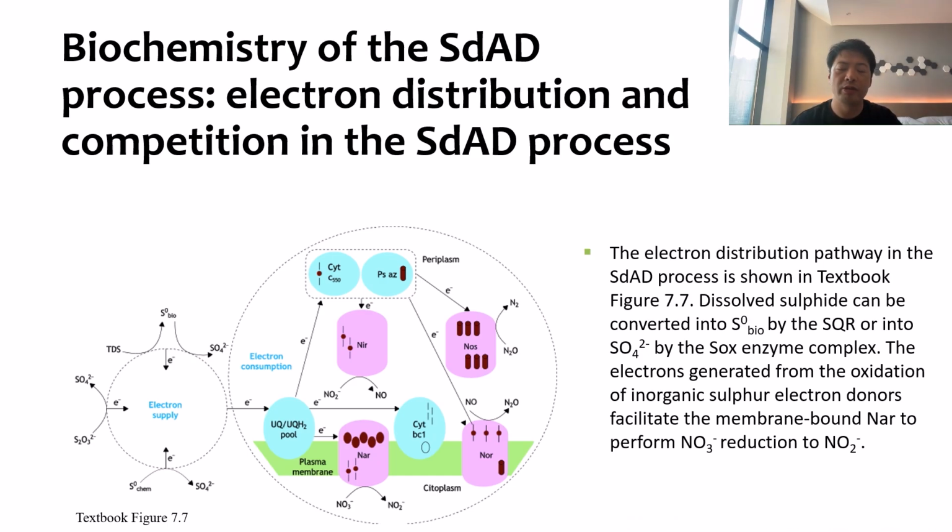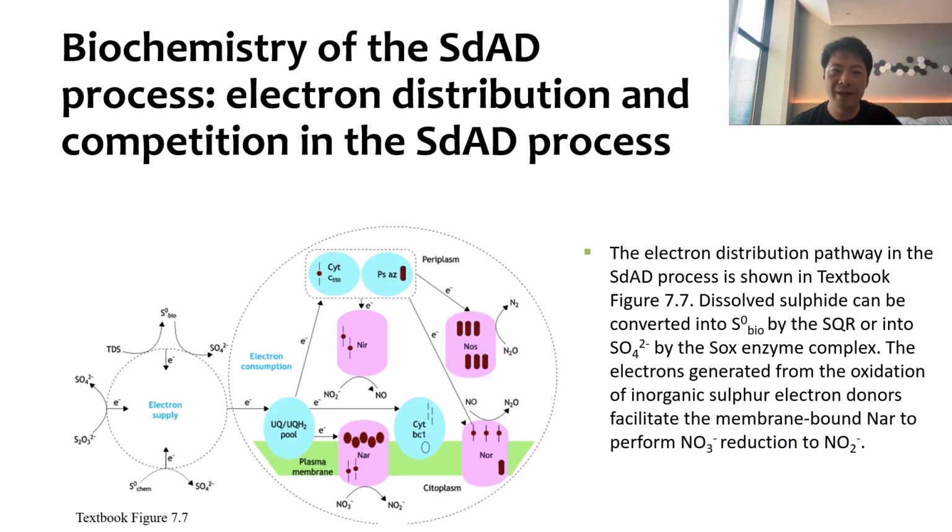And for the sulfur-driven autotrophic denitrification process, the electron distribution and the competition in this sulfur process are very important. So here you can see the electron distribution pathway in the sulfur denitrification process, shown in textbook Figure 7.7.